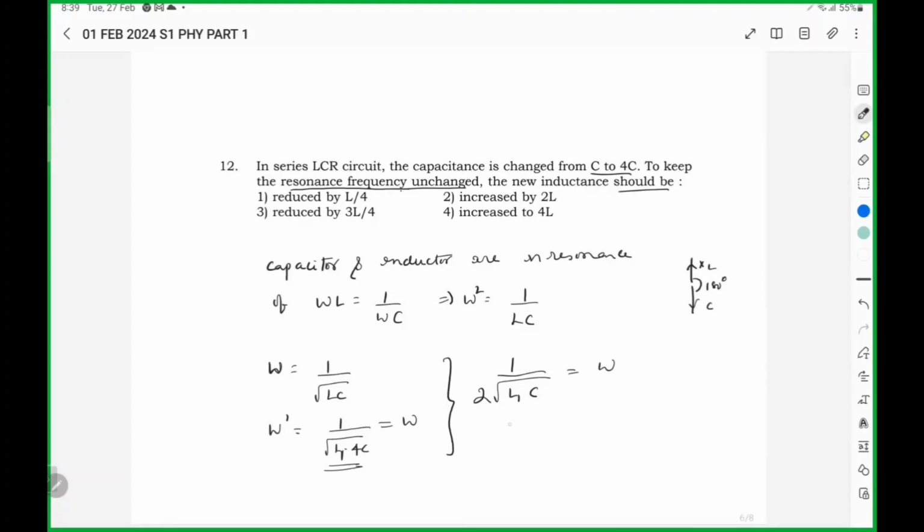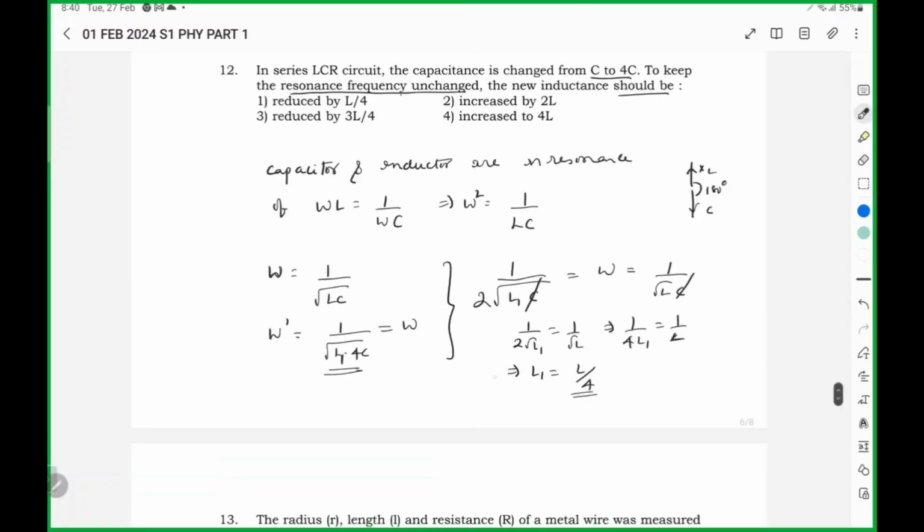Omega is nothing but 1 by root LC, which you can cancel. So 1 by 2 root L1 is 1 by root L, and L1 is L by 4. That means it reduces by 3L by 4.